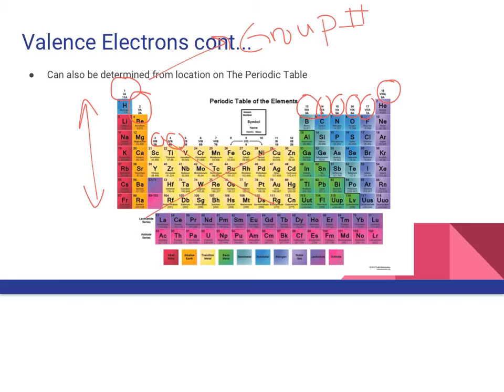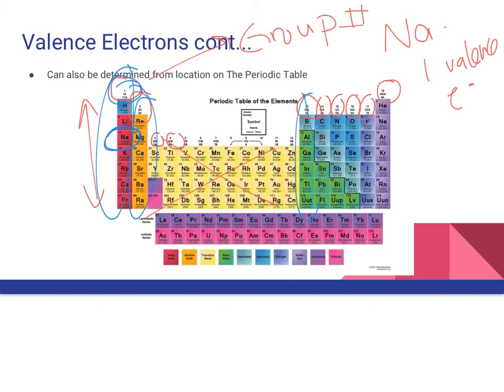So if you recall in our previous example, we determined sodium had 1 valence electron. If I find sodium on the periodic table, I can see sodium is found in group 1. All elements in this first column are going to have 1 valence electron. Everything in group 2 will have 2 valence electrons.